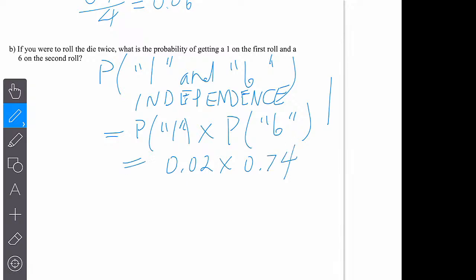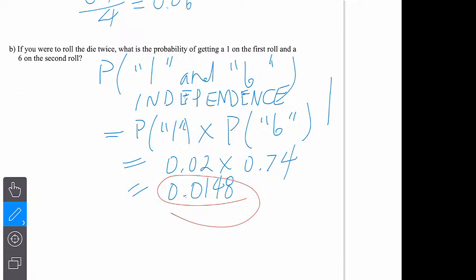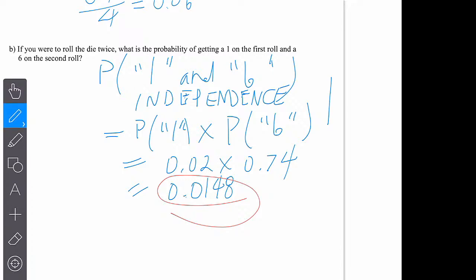Right, from the information given. And when you multiply those, you get 0.0148. All right? Questions? If you don't have any questions, I'll continue.